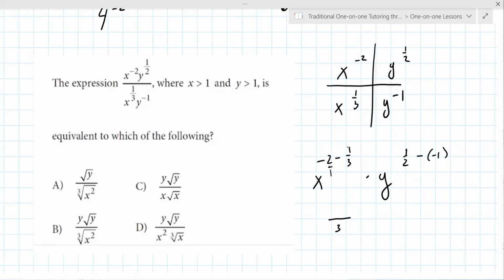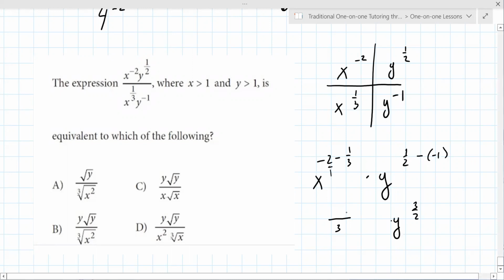Yes, -1/3. So I'm writing this down. Would it be 3/2 for y? Y is definitely 3/2. What's the x one though? -5/3. But it's -6/3 minus 1/3. So that's minus 7/3.